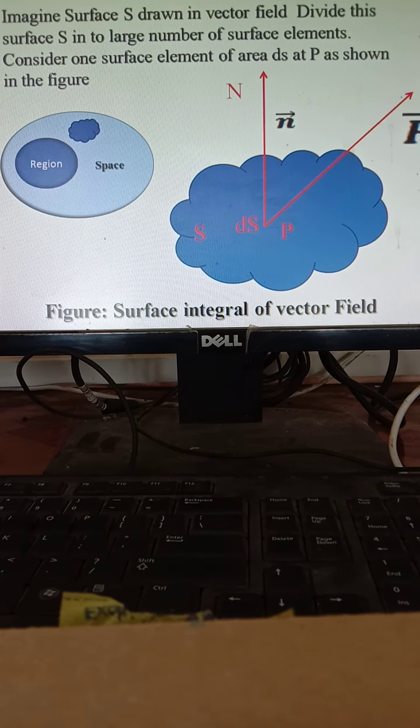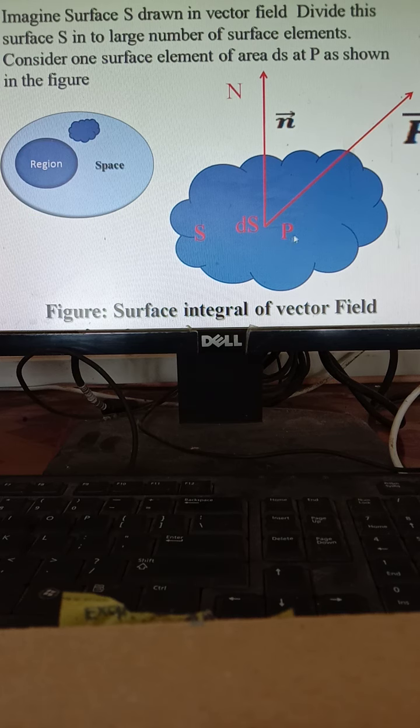Let F be the vector point function at a point P of the surface element ds.